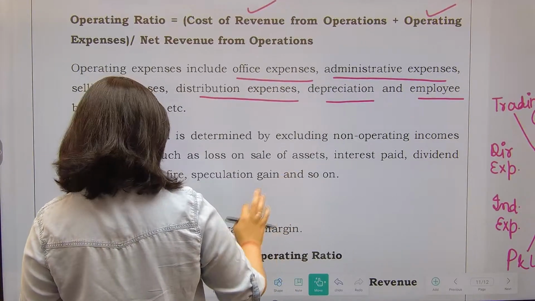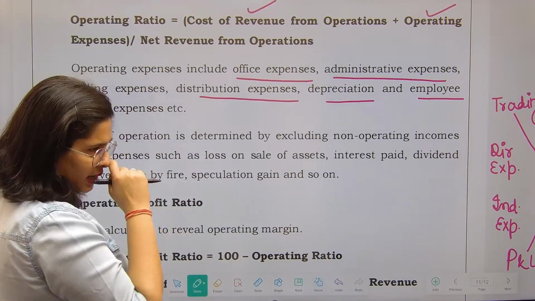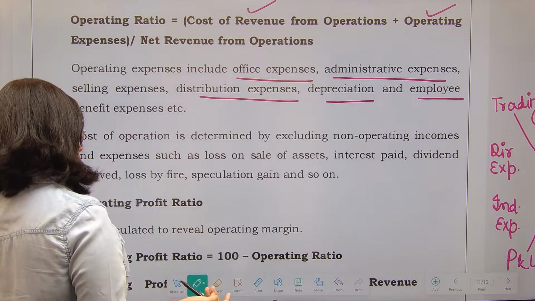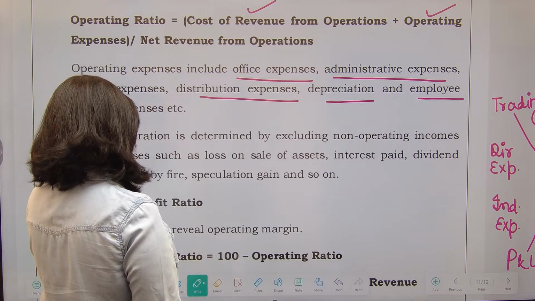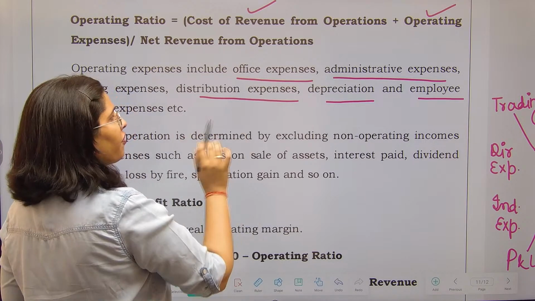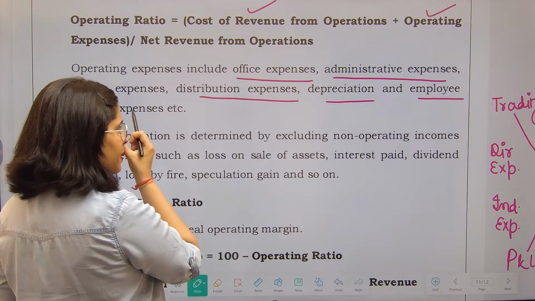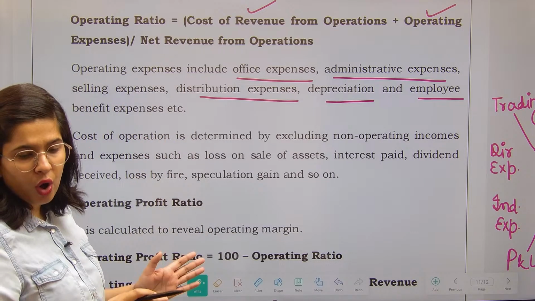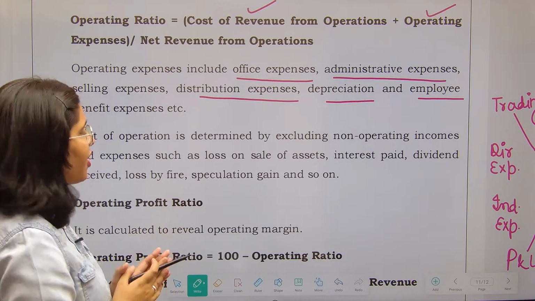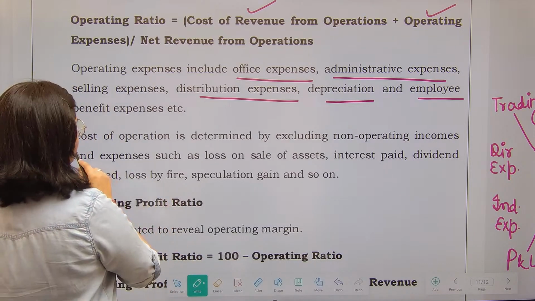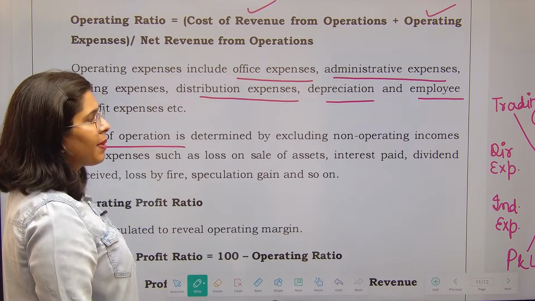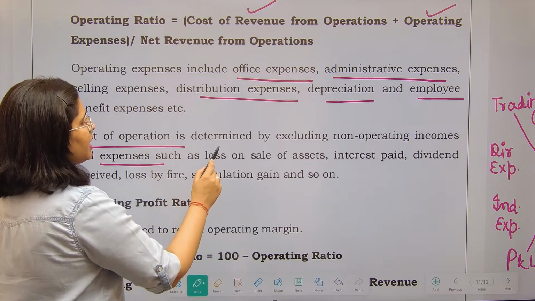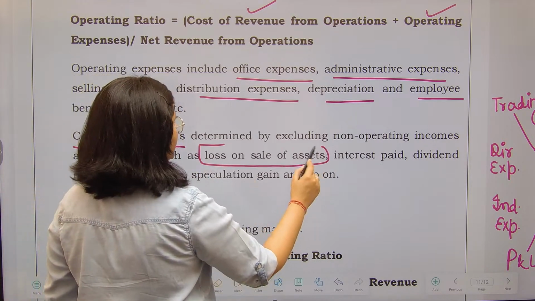See over here. I told you what our operating expenses are. So now you must be clear, wait for a second. Office expenses, administrative expenses, distribution, employee benefit expenses, they are all operating expenses. Fine. Cost of operation includes what? It is determined by excluding the non-operating incomes and expenses like loss on sale of assets.